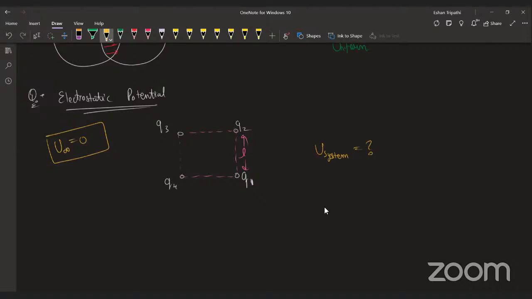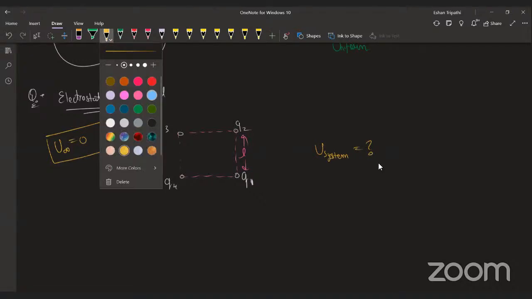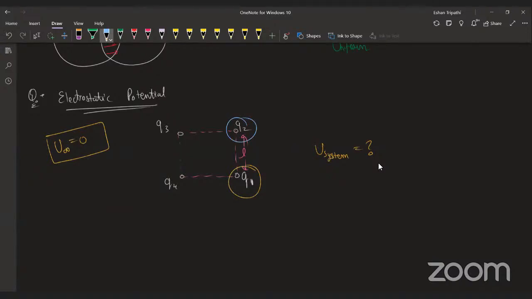How do we do it? We're going to take pairs one by one. You will first find the energy of this charge's interaction with this charge, then with this charge, and then with this charge. Then the interaction of Q2 with Q3. How many such pairs can you have over here, guys? How many pairs can you have if you are choosing 2 at a time out of 4?